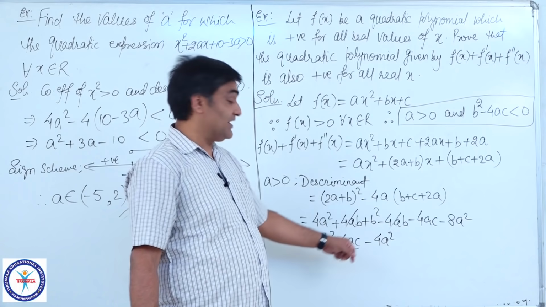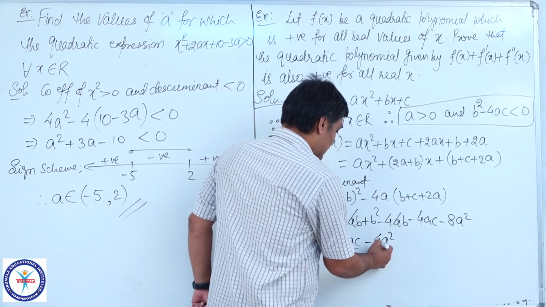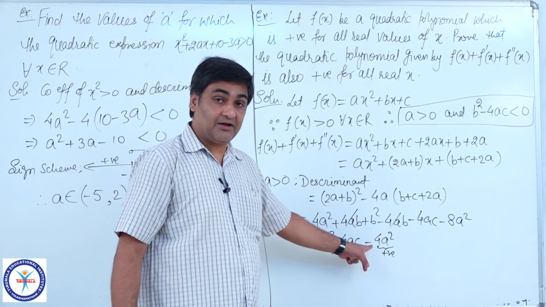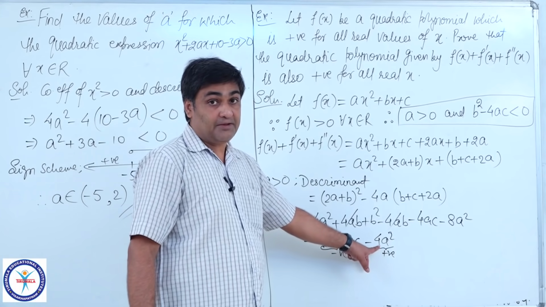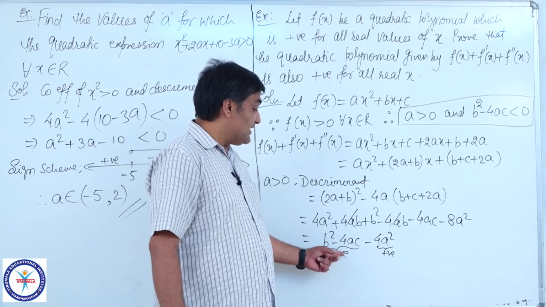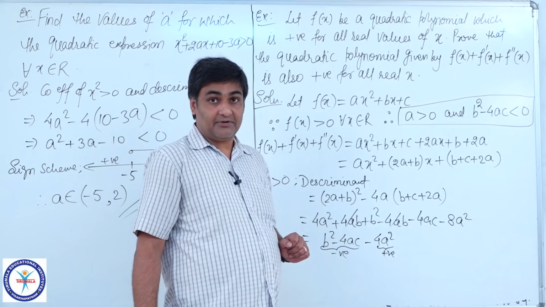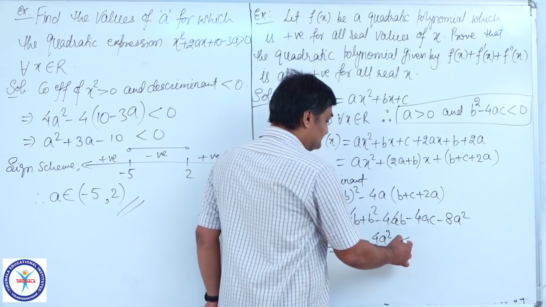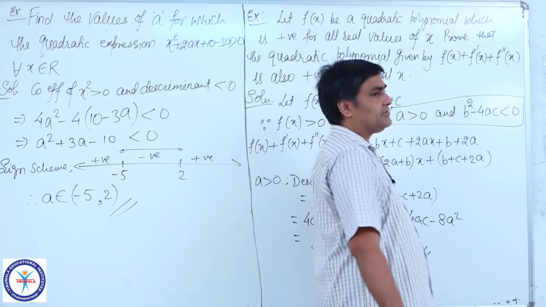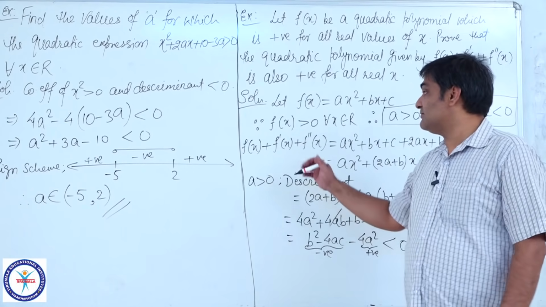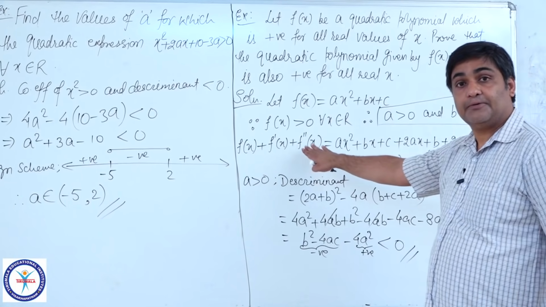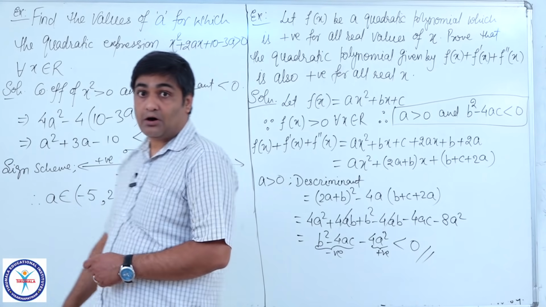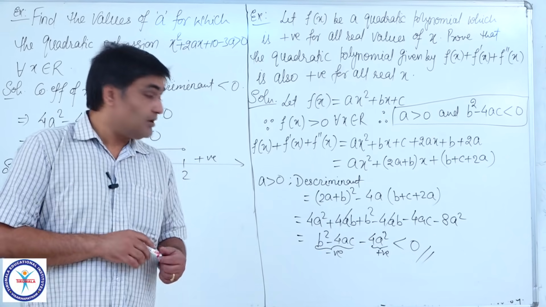And 4a square, with the minus sign, 4a square will be positive. So, negative minus positive is a negative number. So, this proves that this expression also is positive for all real values of x. Okay.